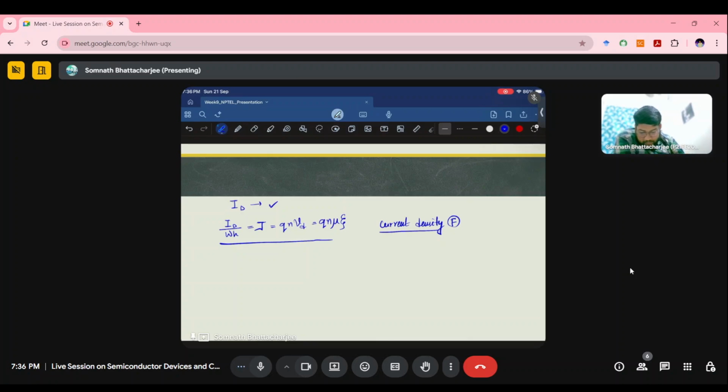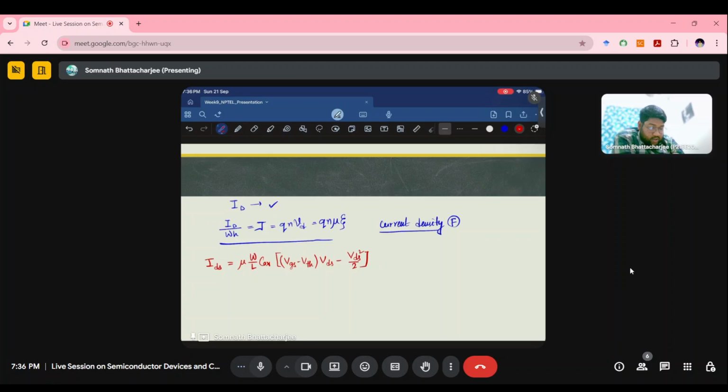So apart from that, we are not going into the derivations and everything of this, but we know that IDS, sorry, I have to write it like this, IDS is nothing but mu W by L C ox, VGS minus VTH, multiplied by VDS minus VDS squared by 2.